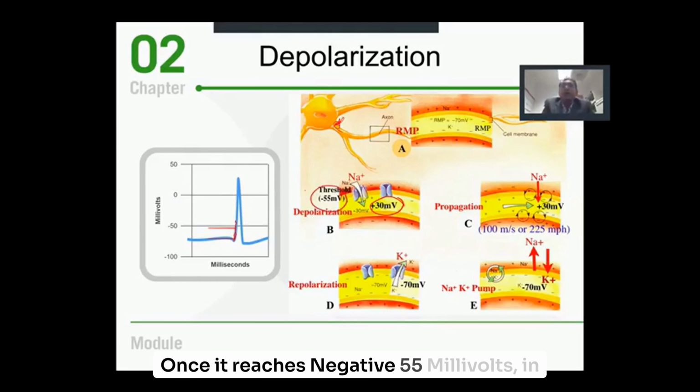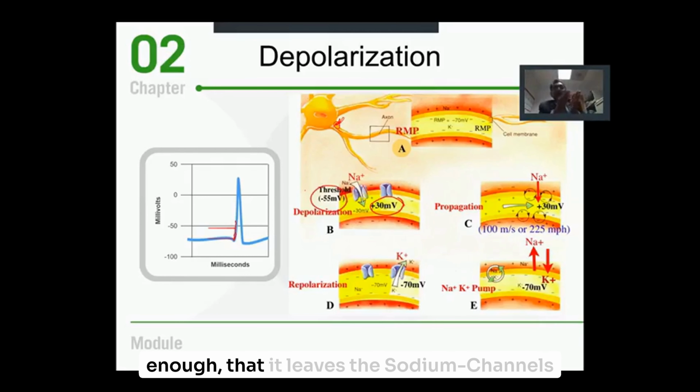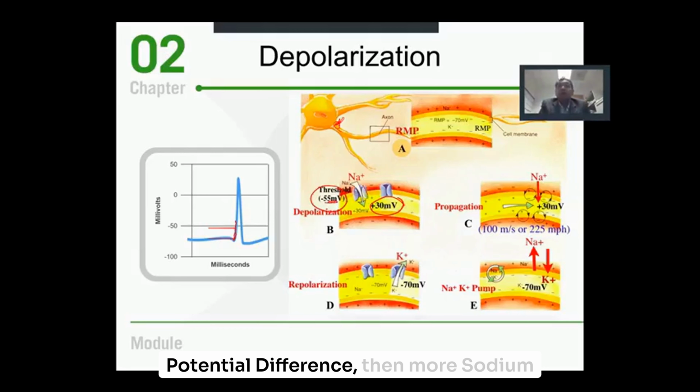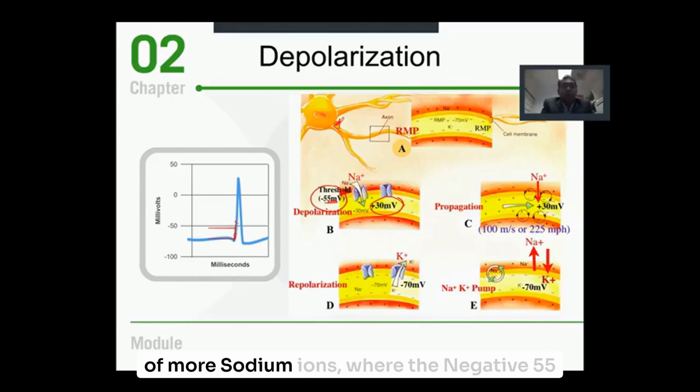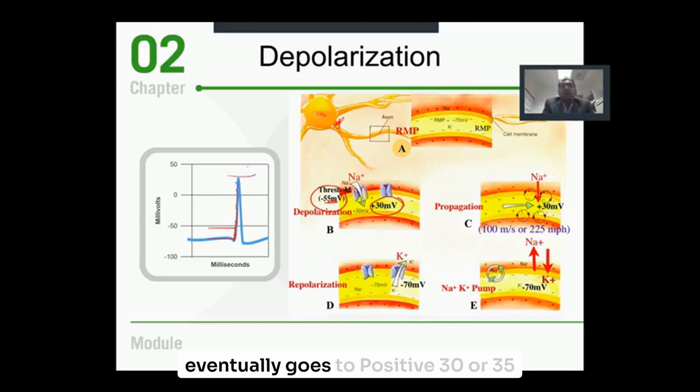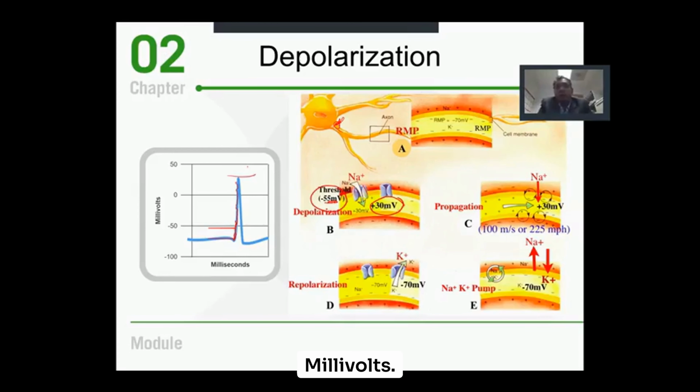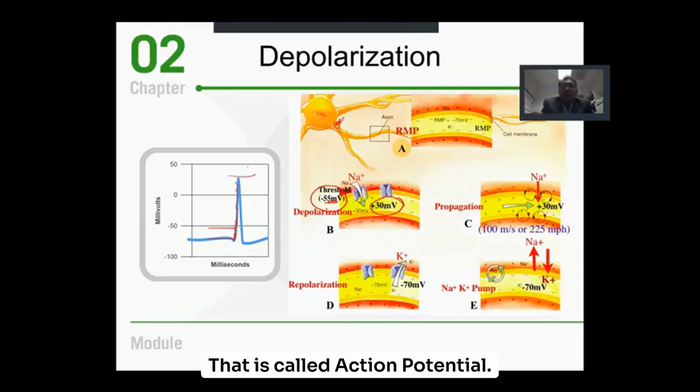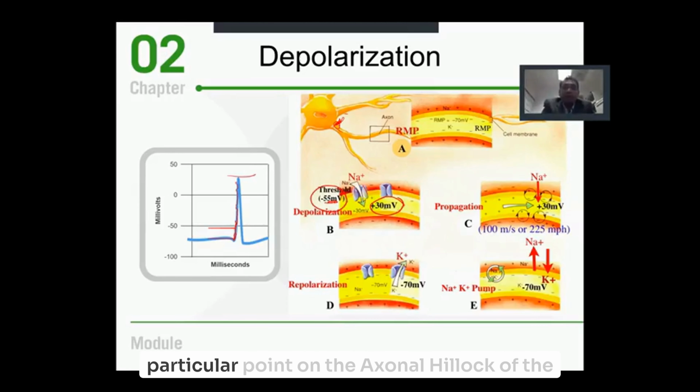Once it reaches negative 55 millivolts, in other words, if the stimulation is strong enough to leave the sodium gates open for it to reach this potential difference, then more sodium gates open, and there is an influx of more sodium ions, where the negative 55 becomes negative 50, 45, 30, 0, then positive. It eventually goes to positive 30 or 35 millivolts. That is called action potential. So there is action potential generated at one particular point, the axonal hillock on the axon.